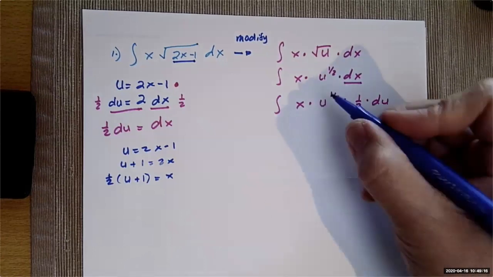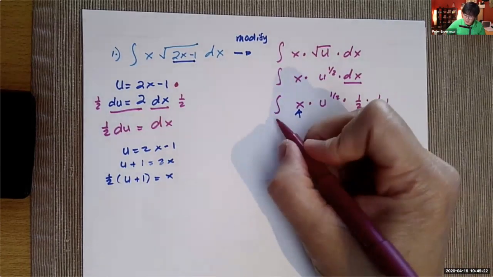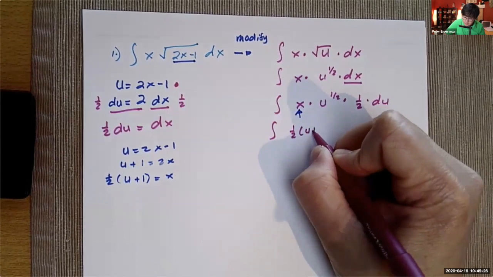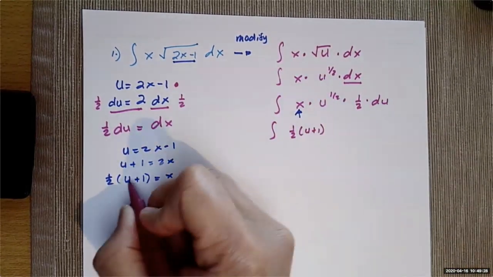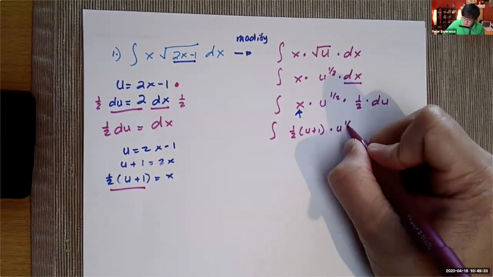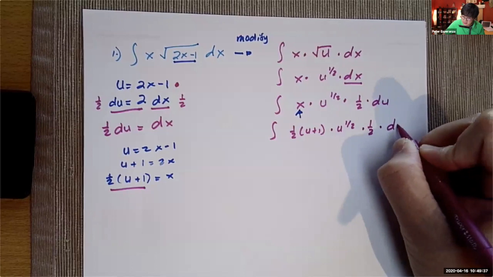Now we're going to modify this x into the antiderivative of 1/2 times u plus 1, because now it's in terms of u, times u to the 1/2 times 1/2 du.